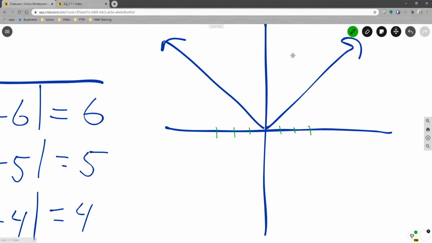If I plug in a -3, in this case, it's going to give me a +6. So I'm going to be way up here. If I plug in a -2, I'm going to get a +5. Plug in a -1, I get +4. 0, I get +3. 1, I get a +2. 2, I get a +1. And 3, I get a 0.